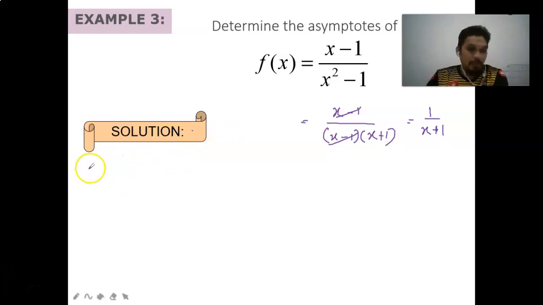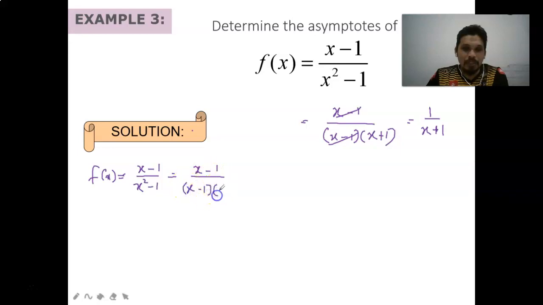Let's say that we call the function f(x) equals (x minus 1) divided by (x squared minus 1), which is (x minus 1) divided by (x minus 1)(x plus 1).